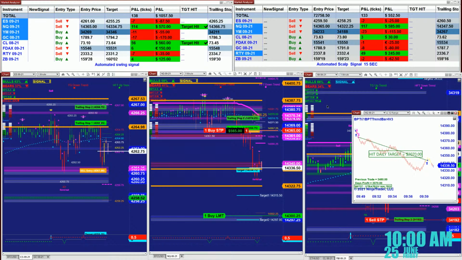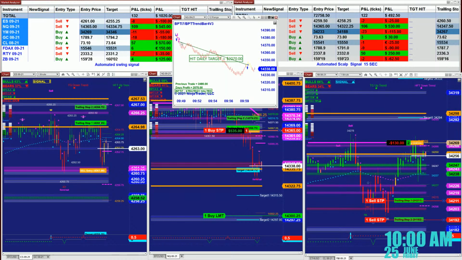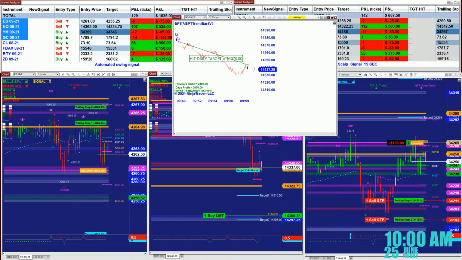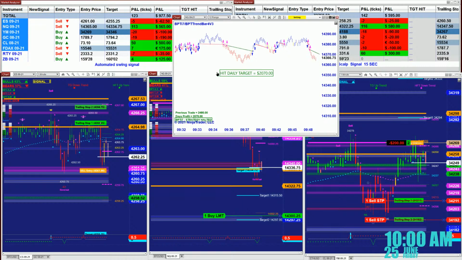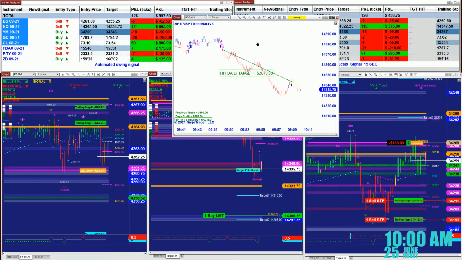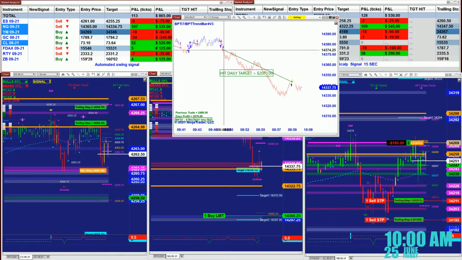The Nasdaq is already, we started around 9:30, and it catch a beautiful trend. It was a little bit choppy before the market opened, and then the first trade was around 9:49.